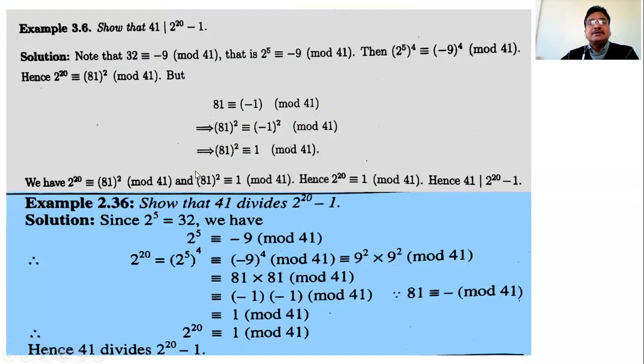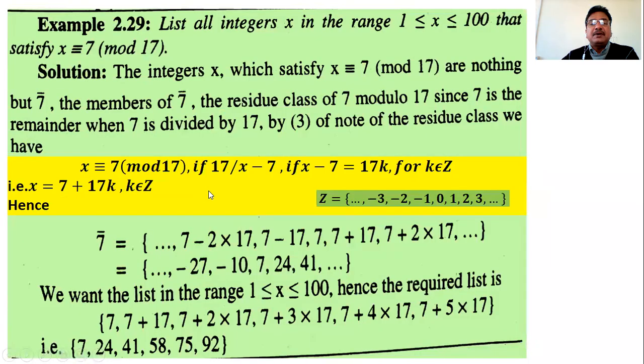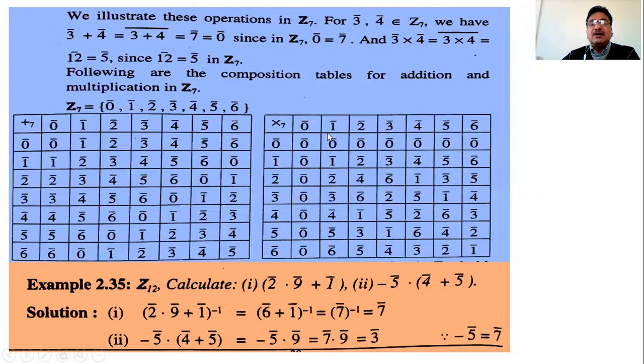If the same question is asked, that is, find the inverses of all elements of Z7 if they exist, then what is the answer? Draw the multiplication table for Z7 to find the inverses. The inverse of 1 exists in Z7 because the greatest common divisor of 1 and 7 is 1.